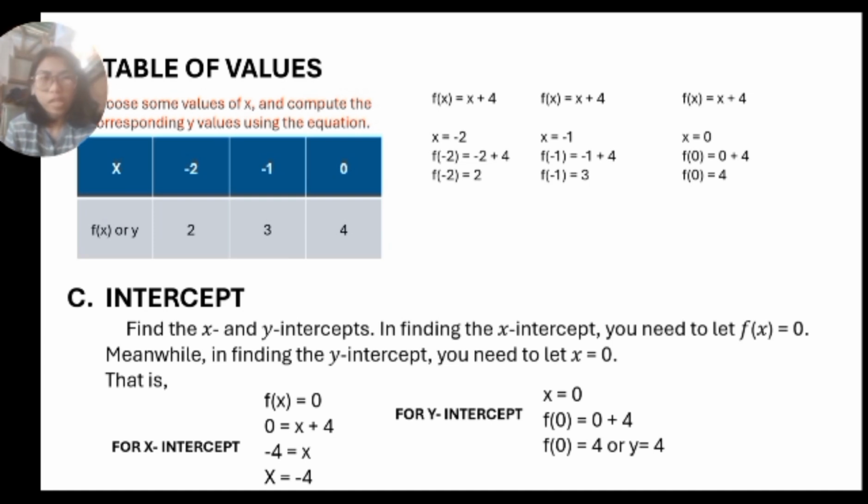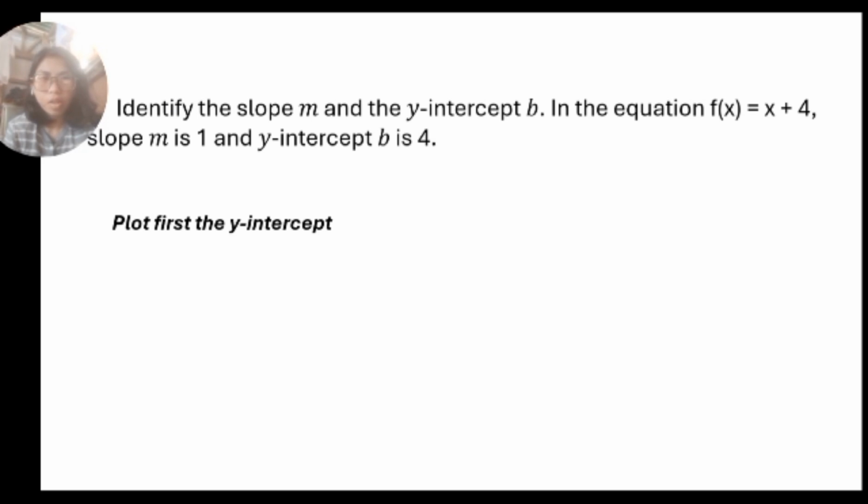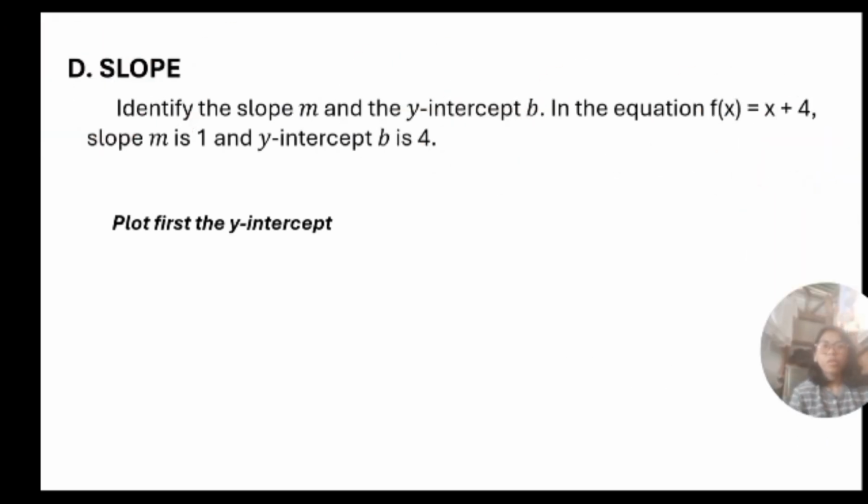So next is the slope. So identify the slope m and the y-intercept b. So sa equation sa atong function nga given, ang slope ani is 1. Right? So si x, ang tapad ni x naa siyay 1 diri. Invisible lang siya, pero naa siyay 1 diri. So ang slope ani is 1 and atong y-intercept is b.